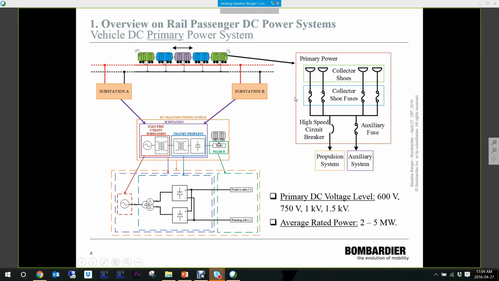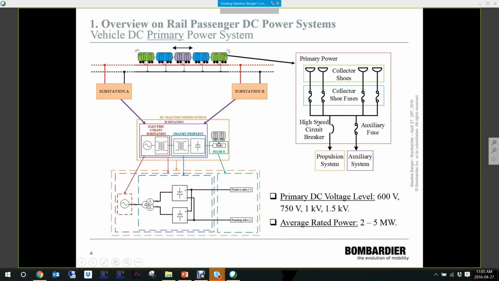Inside the vehicle, what we see here is that we have the primary power, which is here in red. It is composed of the collector shoes, which are collecting the power from the third rail. And these collector shoe fuses are there to protect the primary power equipment.